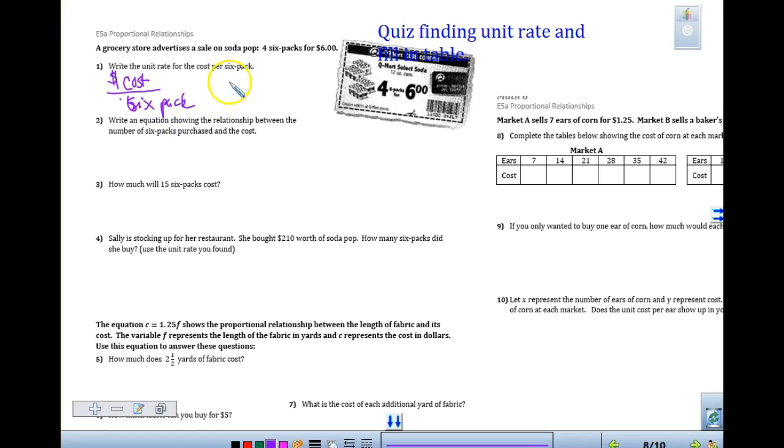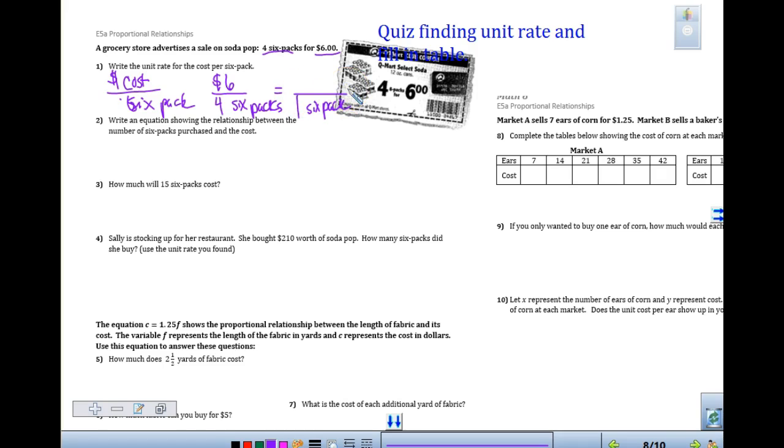It was 4 6-packs for $6, which means you are going to start by writing $6, that's my cost, to 4 6-packs. You are trying to find out how much is 1 6-pack.